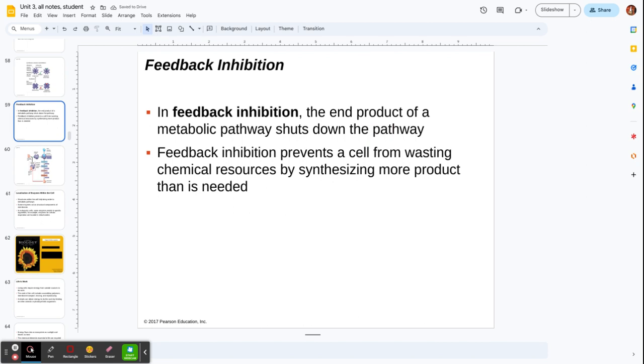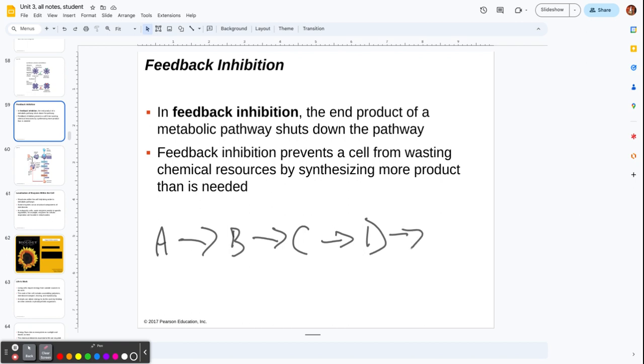It is common in metabolism for there to be a series of reactions that occurs. And we talked about this at the beginning of the chapter, where you would have a molecule that becomes another molecule, that becomes a third, that becomes a fourth, maybe even a fifth.